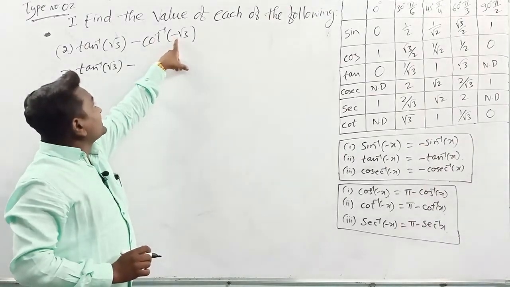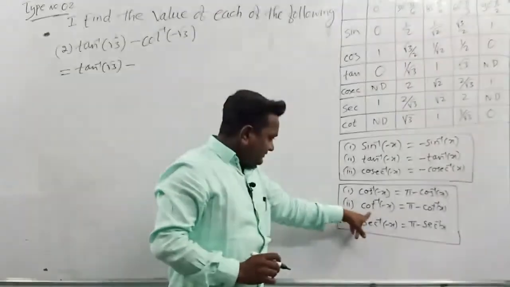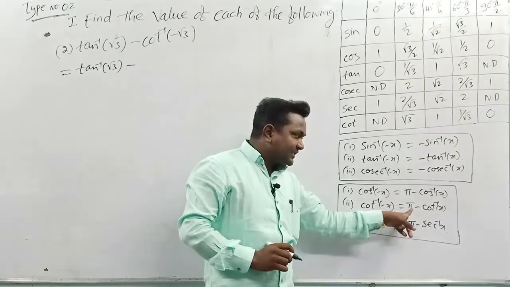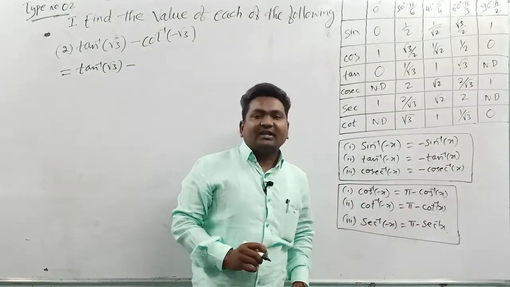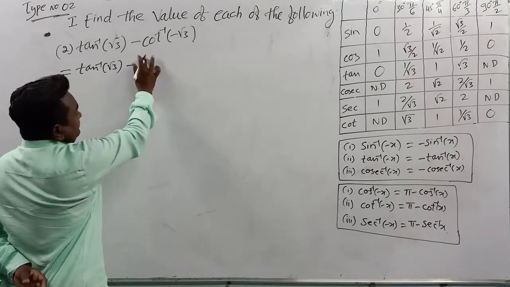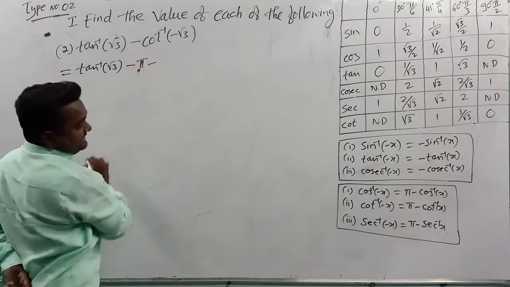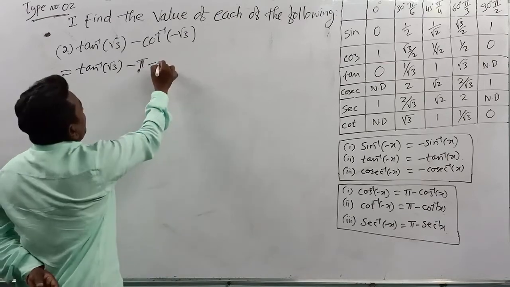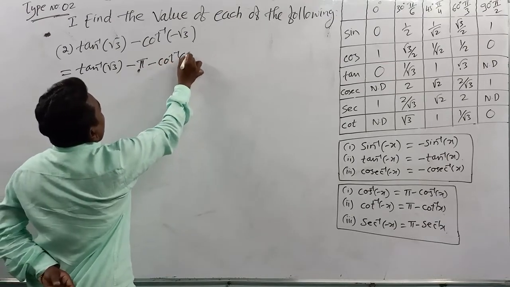So cot inverse minus x is equal to what? Pi minus cot inverse x. By using that property, here pi minus cot inverse root 3.